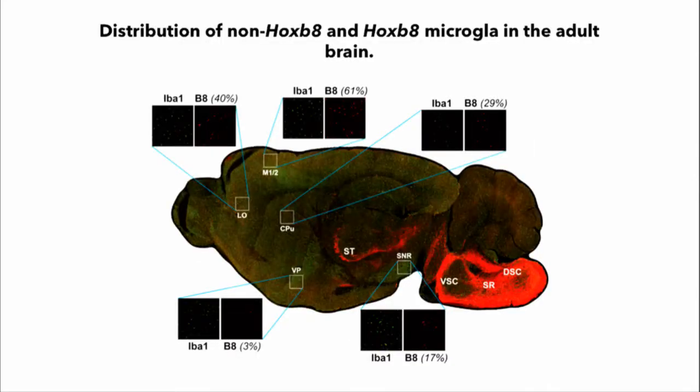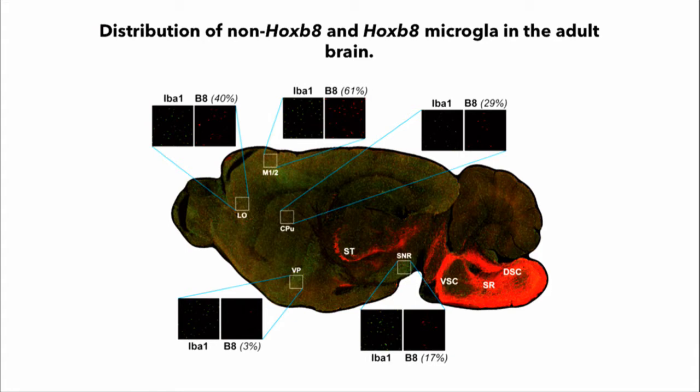And that's shown here. And the other thing that's interesting is that the two populations aren't just randomly distributed in the brain, but they actually know where to go. In particular, we're looking at the ratio of our cells, which we call HOXB8 microglia because they express HOXB8, and the other ones non-HOXB8 because they don't.